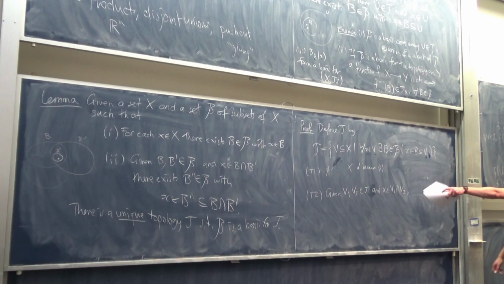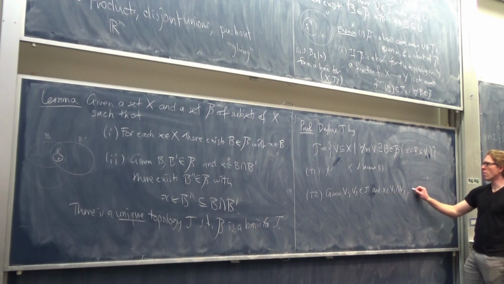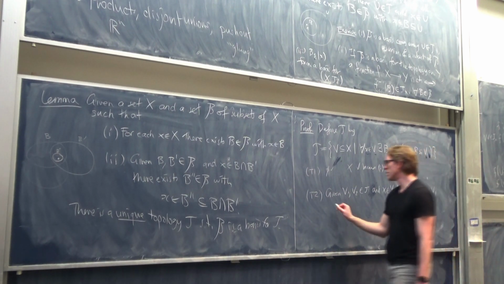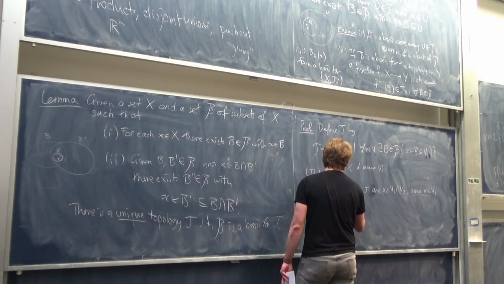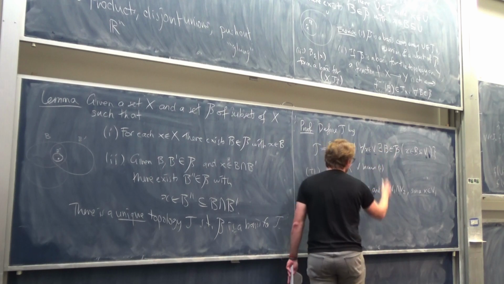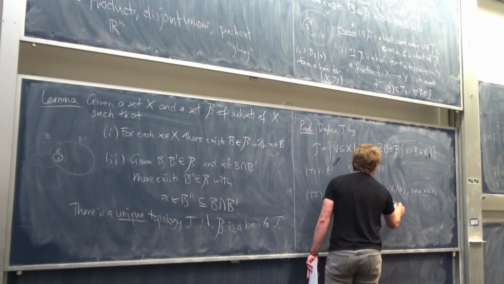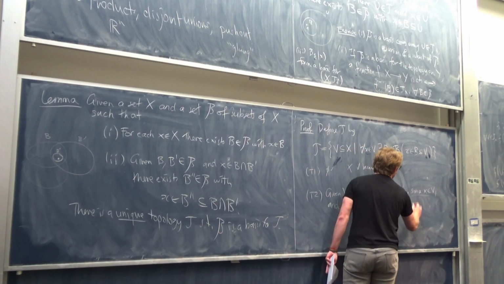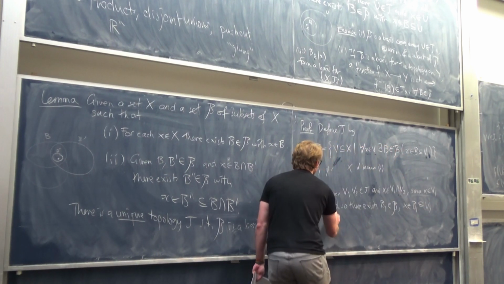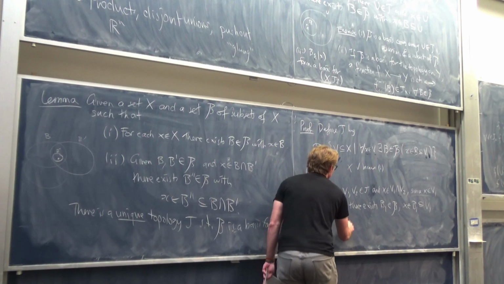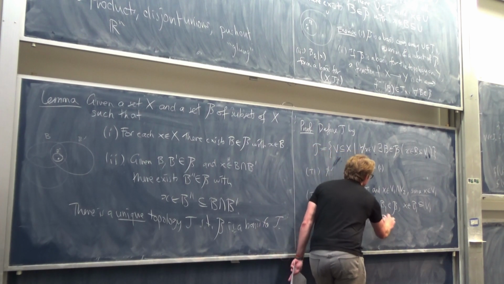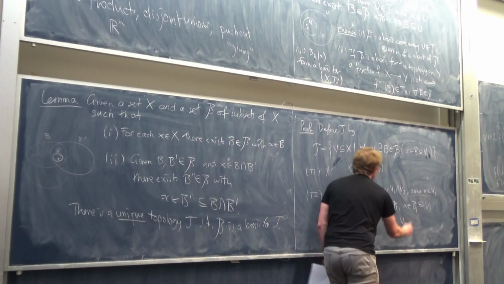Well, by definition, x is in V1, and so by definition, there exists a B1 in B with x in B1 contained in V1. And similarly, a B2 with x in B2 contained in V2.